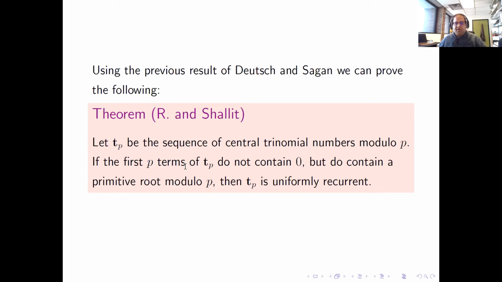We just compute the first p terms. If Tp is the sequence of central trinomial coefficients mod p, we compute the first p terms. If they do not contain 0 and do contain a primitive root mod p, then Tp is uniformly recurrent. This is something we can prove.